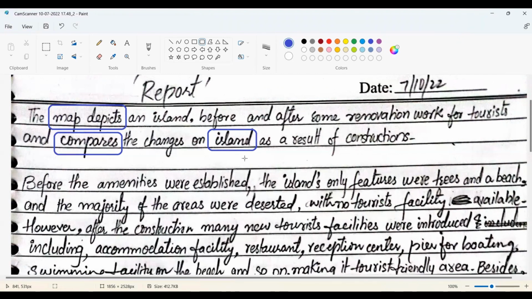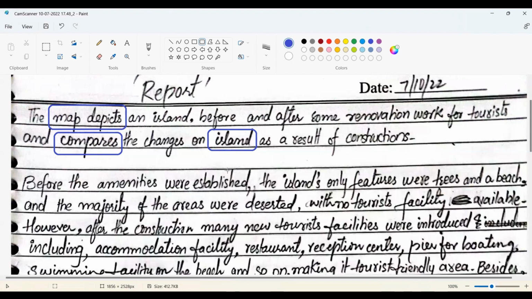An article should be used, a definite article. And why should it be used here? Because you're talking about some particular island. Yes, because we have already mentioned it in the first line, an island. Now we are speaking about the same island.